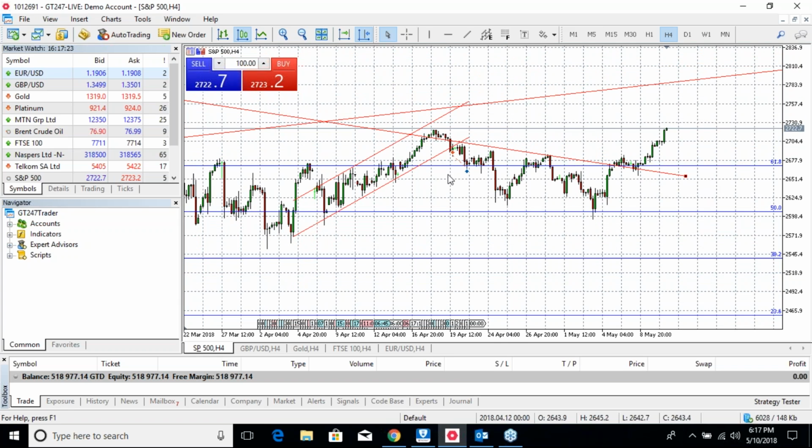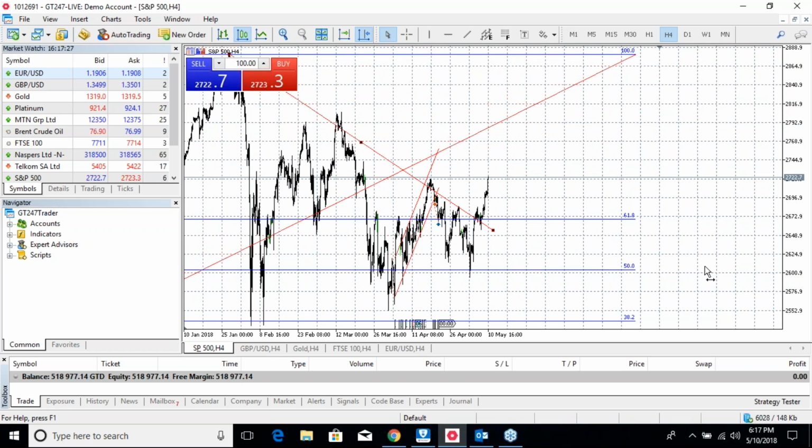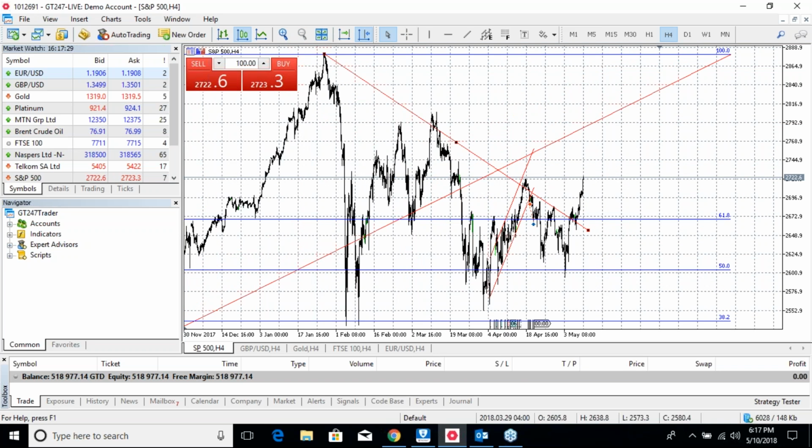And nice to see that there is a rough trend line going down there. However, you can also see that this is a major point of resistance.